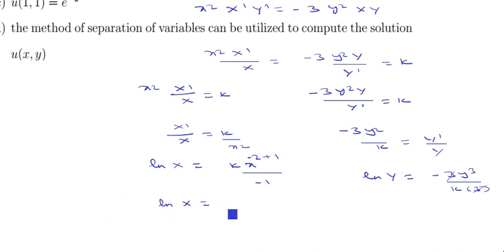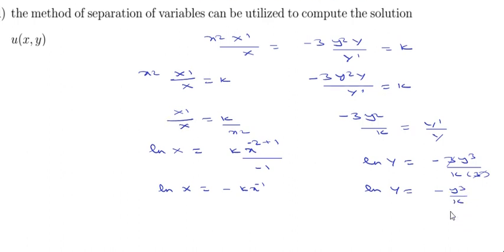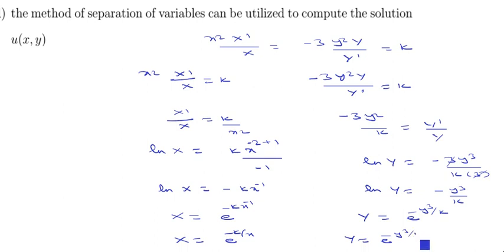So log X equal to minus k x power minus 1 and log Y is equal to minus y cube by k. Therefore X equal to e power minus k x power minus 1, and Y is equal to e power minus y cube by k. So capital X equal to e power minus k by x and capital Y is equal to e power minus y cube by k.